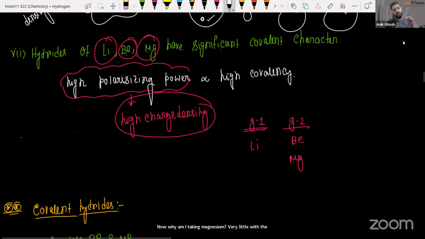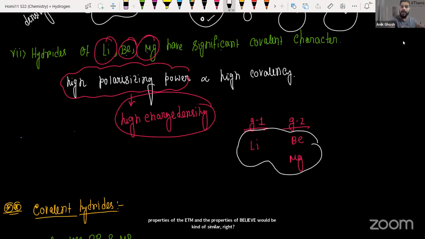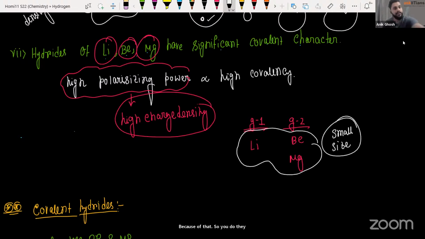So guys, you learned in periodic properties something called diagonal relationship. So the properties of lithium and the properties of beryllium would be kind of similar, right? So that's why, as they have small size, they would be having high polarizing power.